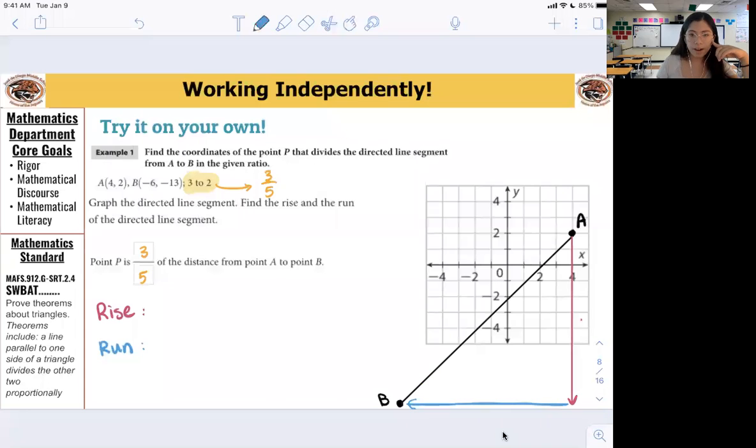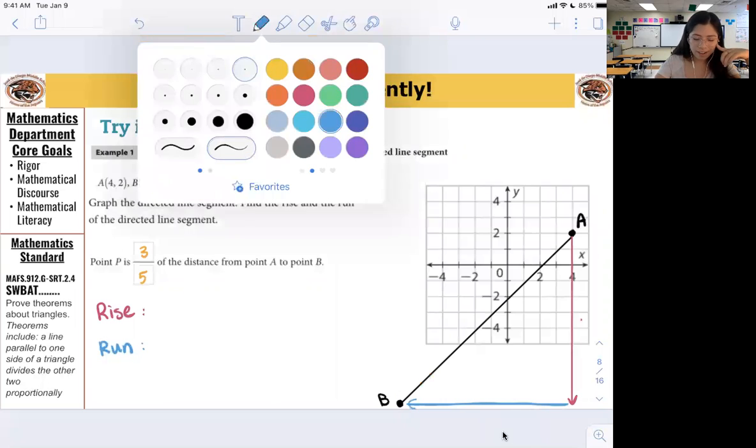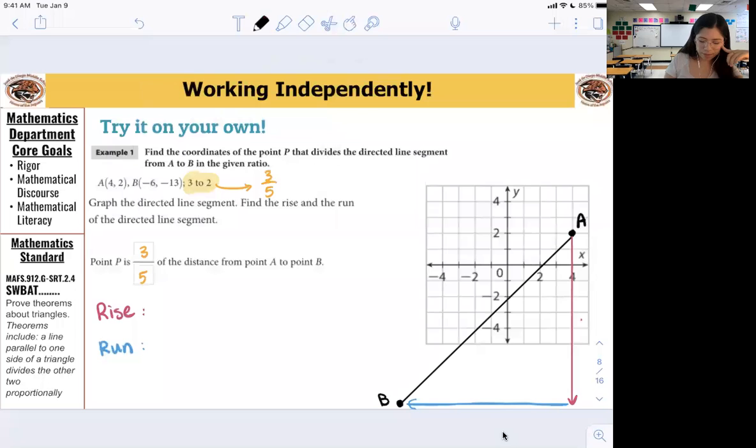So obviously I graphed this off of the grid, but remember B is negative 6, negative 13. So you can also use the numbers. What is my rise?